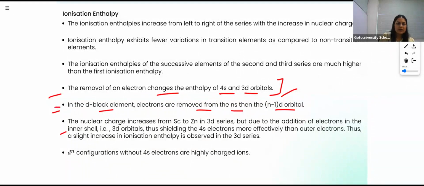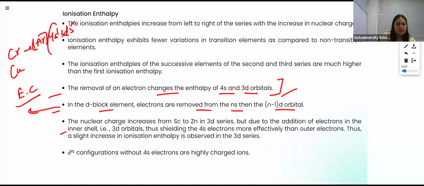We have discussed in the electronic configuration the exception cases of chromium and copper, right? When we write the configuration for chromium, we write it as argon 4s1 3d5. The electrons are removed from the outermost shell of 4s first, okay?